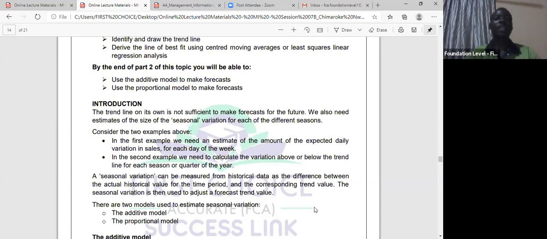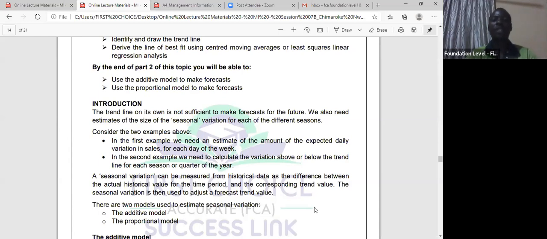Now, consider the two examples above. In the first example, we need an estimate of the amount of the expected daily variation in sales for each day of the week. That's it. In the second example, we need to calculate the variation amount above or below the trend line for each quarter or season of the year.